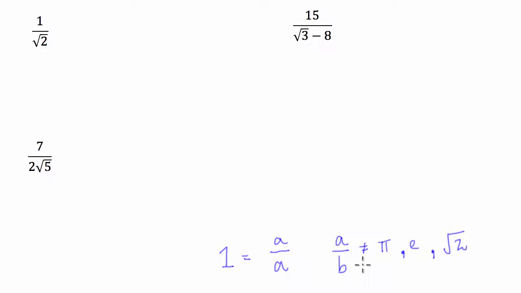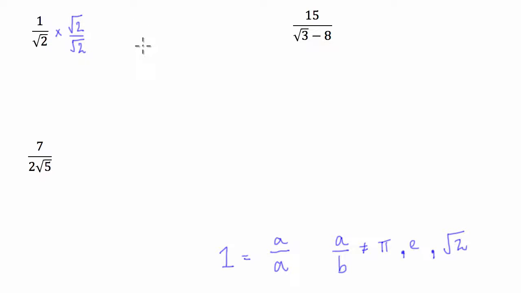So what we can do, like in the first one, which is the simple one, is move the square root in the denominator up to the top by multiplying this fraction by 1, or the square root of 2 over the square root of 2.